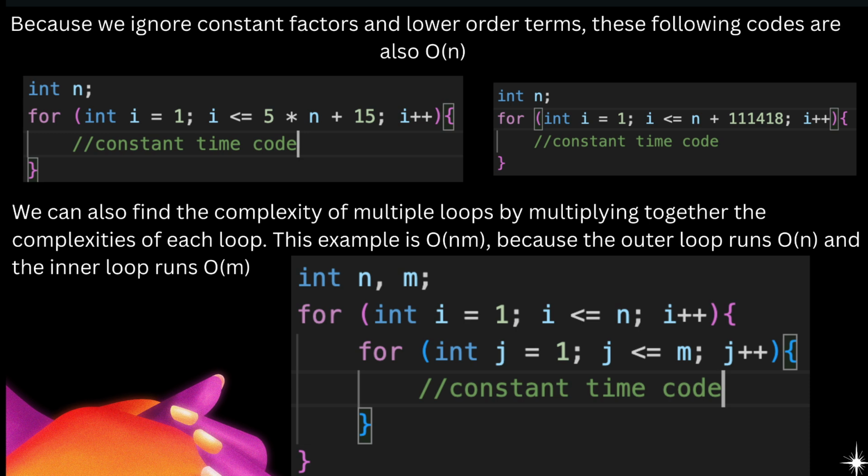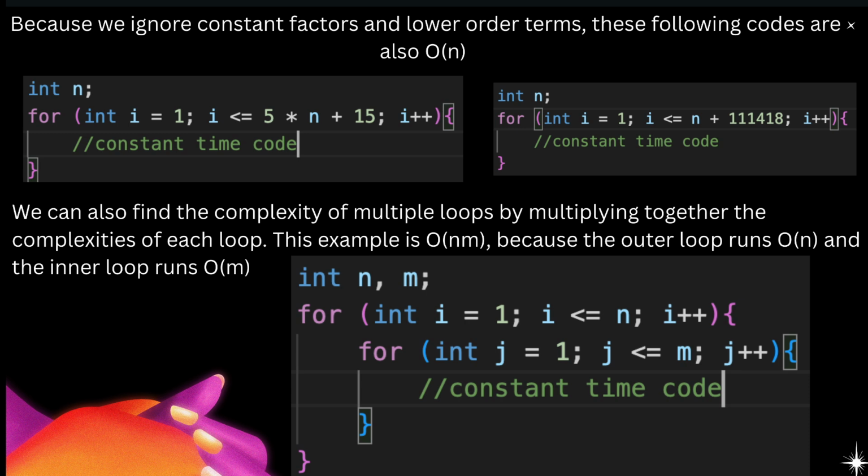Theoretically, if we run a for loop like this or like this, these are called constant factors and lower order terms. They don't affect the time complexity calculation much, because approximately our complexity is still O(n). So we can assume that the complexity of these two examples of code is O(n).